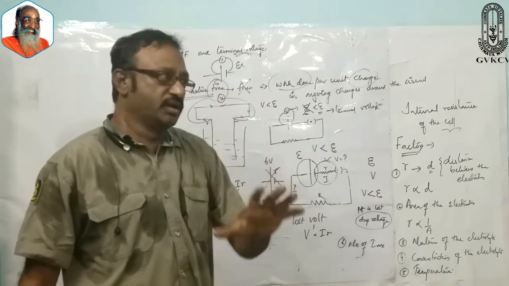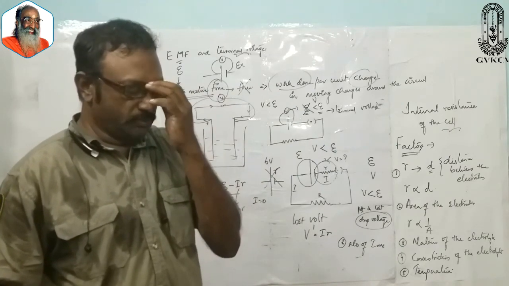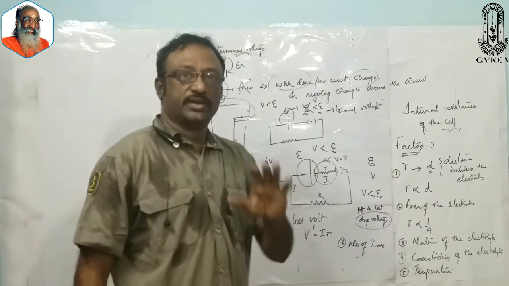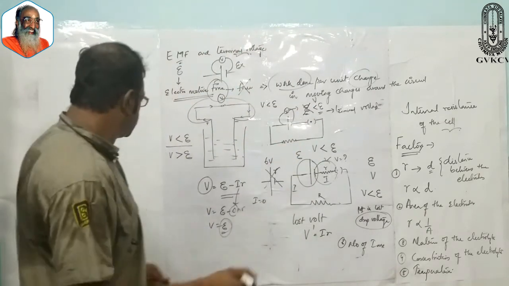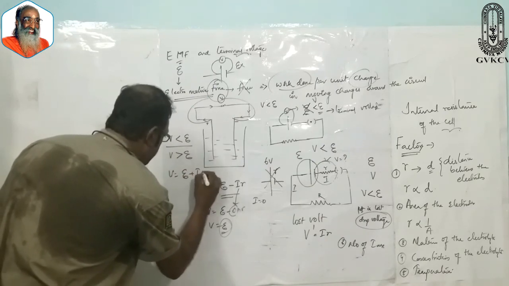So we say that the battery is dead. Now what we have to do is charge the batteries. During the charging of the batteries, V = E + IR.